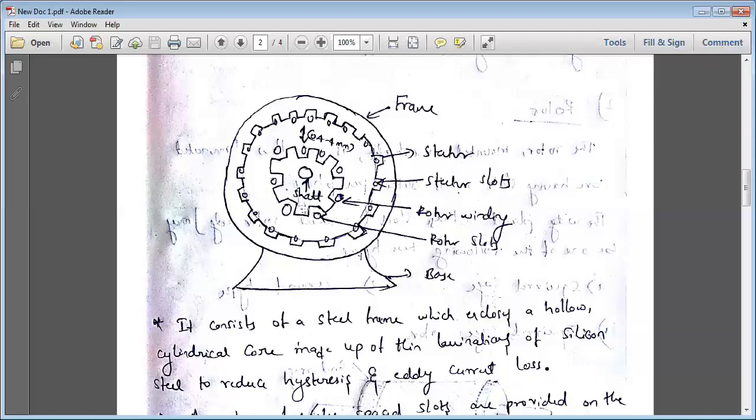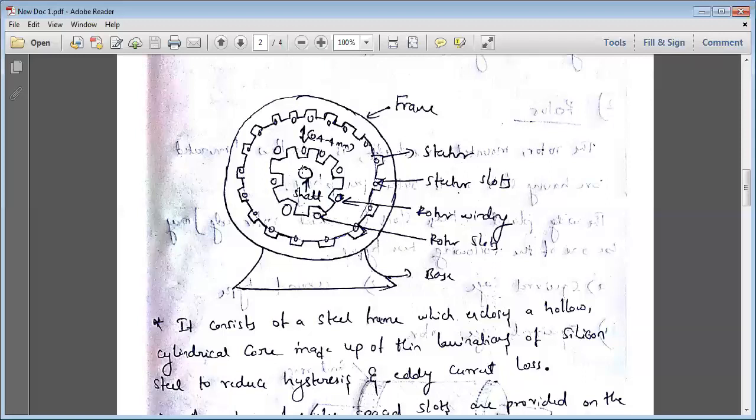But the rotor winding is made in such a way that the number of slots are on the outer periphery of the machine, that is the rotor slots. In each slot we have a number of conductors. That is the rotor winding. So these small circles indicate the rotor winding, and these indicate the number of slots, that is the rotor slots.